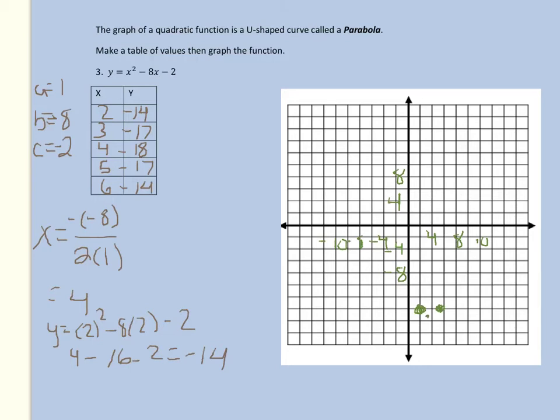And then 4, -18. And then it's 3, -17, which would have been here. It's also 5, -17, which would have been here.